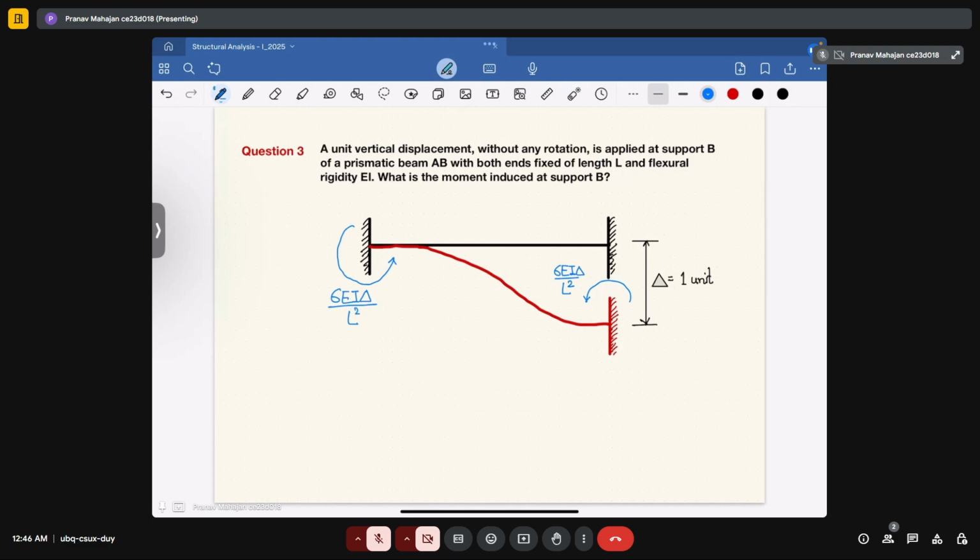Okay, due to this, since you are providing anti-clockwise moment to the structure, so to make the structure in equilibrium, a clockwise couple will act in the direction like this. So the couple will act in the clockwise direction.